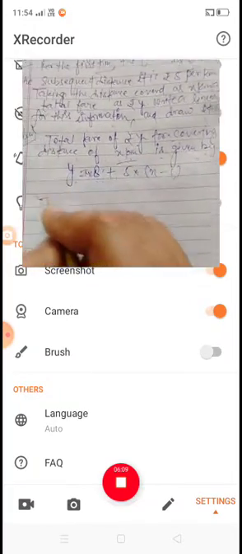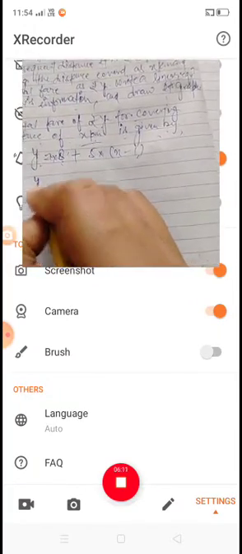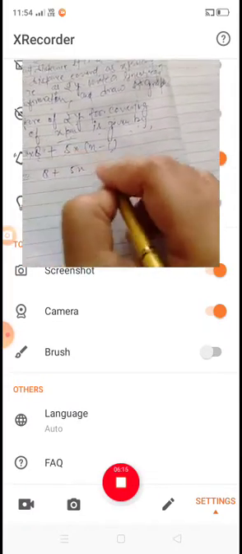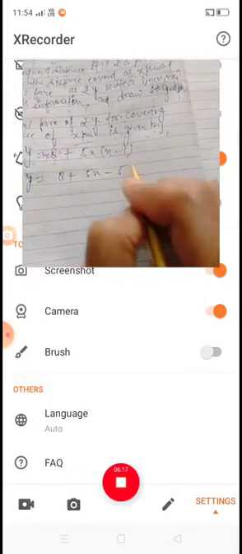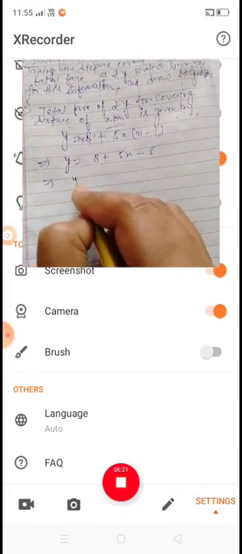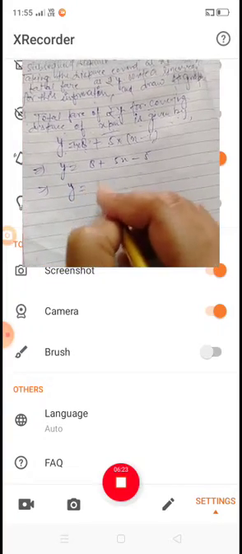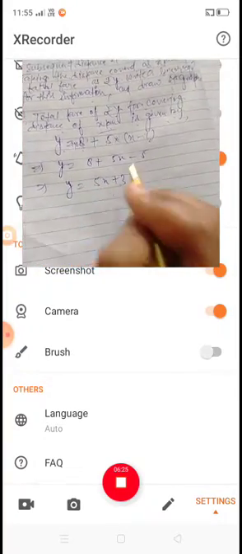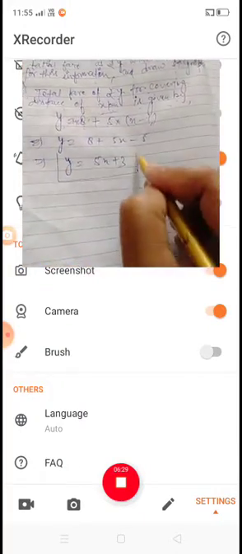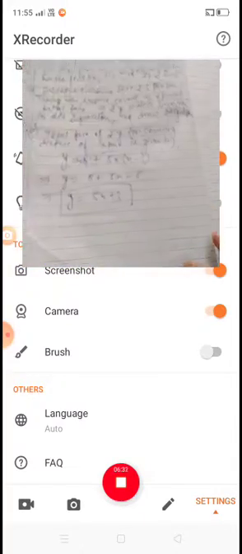Now solve it. y is equal to 8 plus 5 times (x minus 1), which is 5x minus 5. So y is equal to 5x plus 3. Now we get the linear equation in two variables.